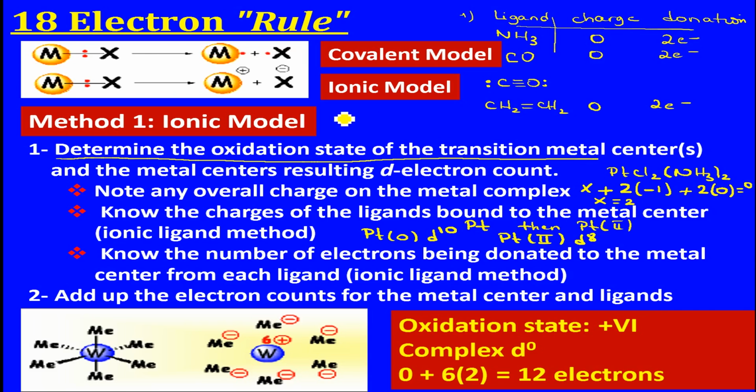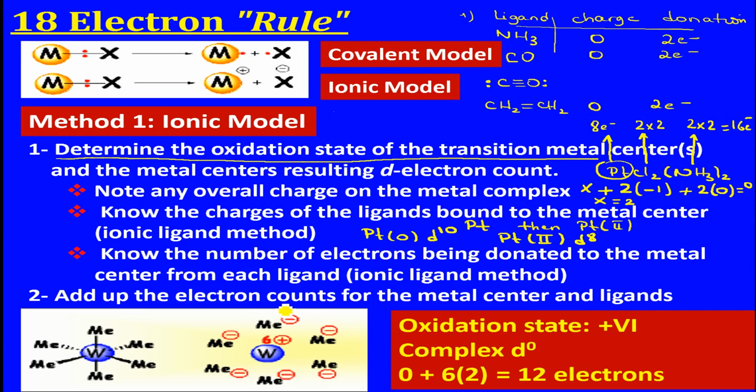We have Pt2+ with 8 electrons, 2 Cl-, so 2 times 2 equals 4, 2 NH3, so 2 times 2 equals 4, so the complex is 16 electrons.